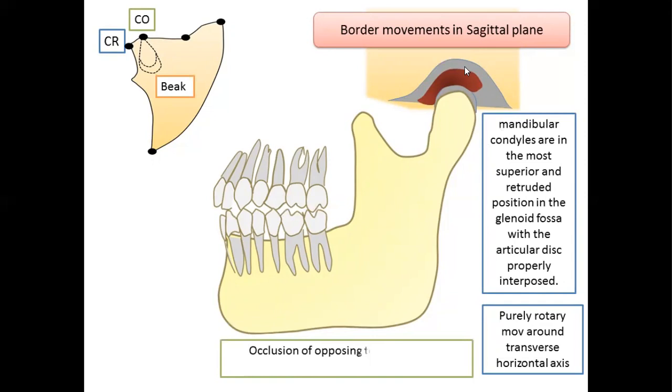So we ask the patient to do some command exercises, like saying words like yum, yes, continuously. When they say that, the condyle goes to a rest position and there will be a space between the maxilla and the mandible, evident in the premolar region, of 2 to 4 millimeters.